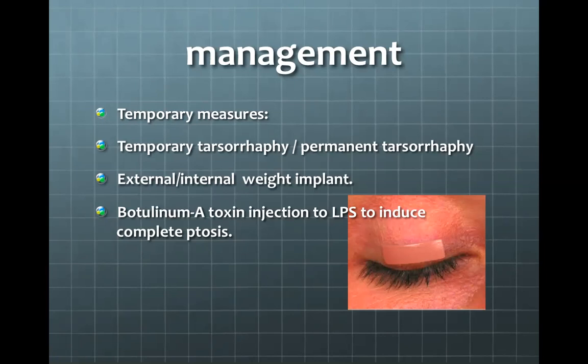It will be over the levator, and it will stop it from working directly. The Botox will usually take 12 weeks to wear off. By that time, inshallah, the facial palsy would be improved already.